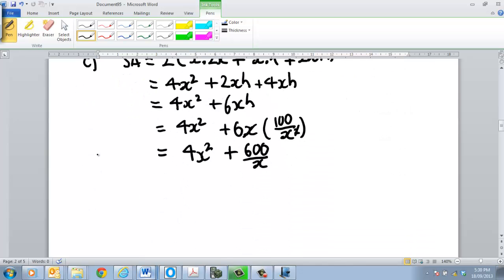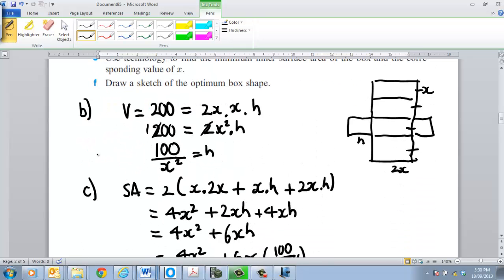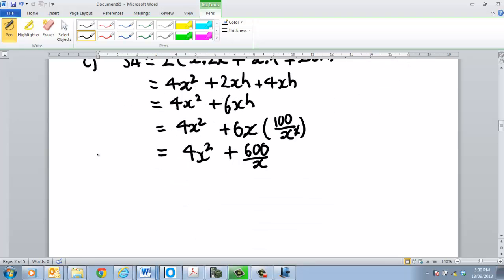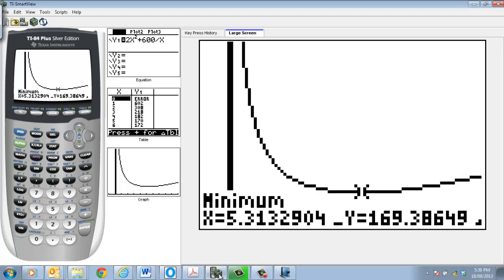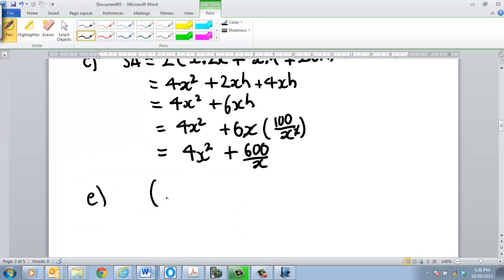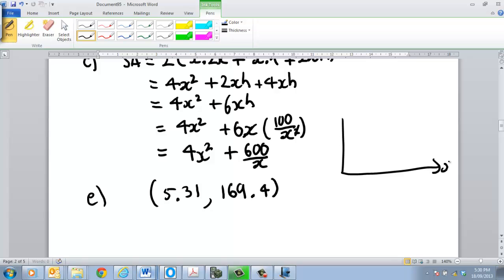I think this is part E, so let's just do part E. We know the point there is 5.31 and 169.4. Because this is a graph of x versus surface area, the minimal value is the surface area, which is my y value, and my x value tells me the dimensions.